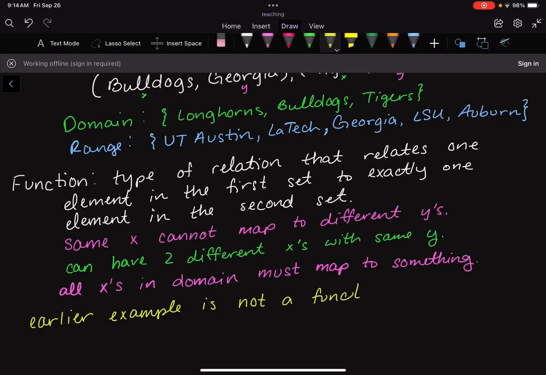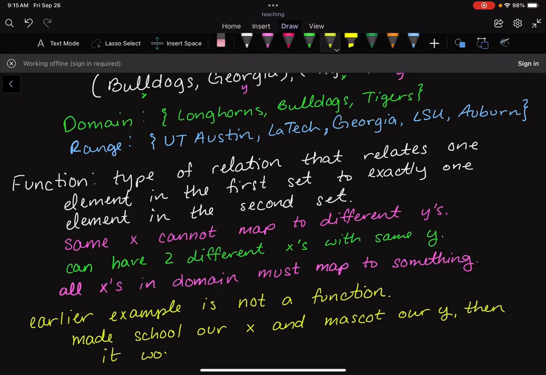Now it's still a relation and we can still find the domain and the range of it, but it's not a function. However, if we flipped the x and y values, so if we made school our x and mascot our y, then it would be a function.